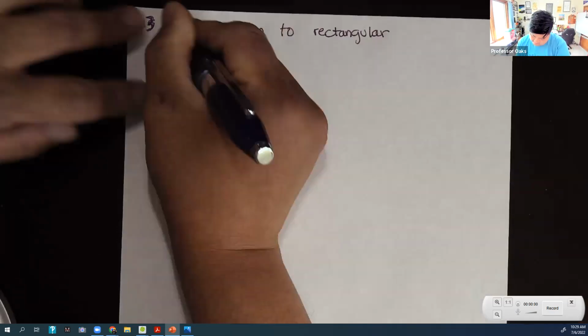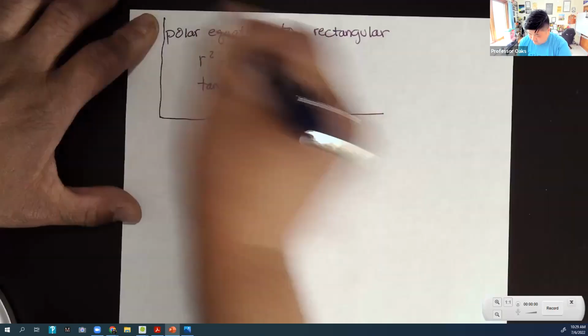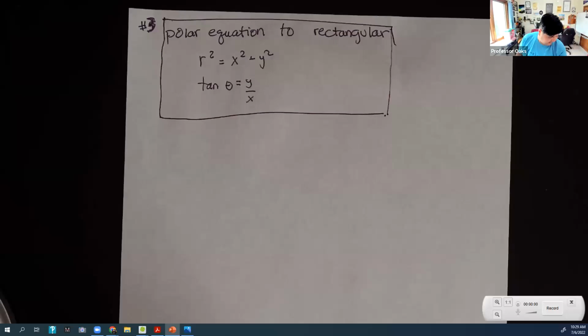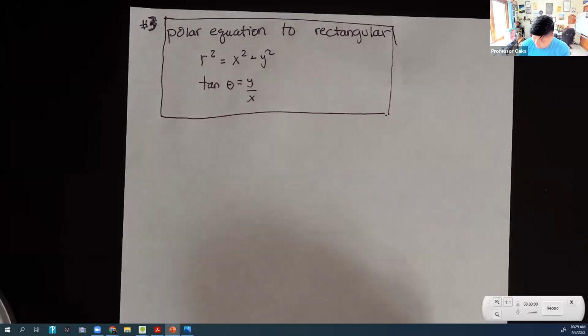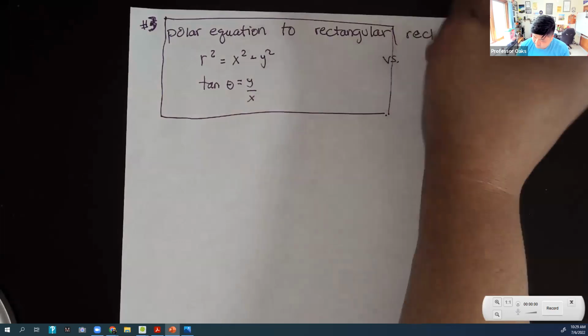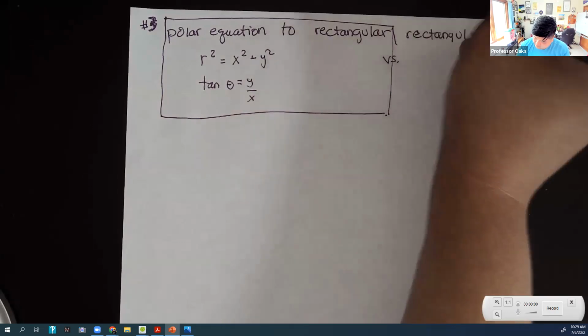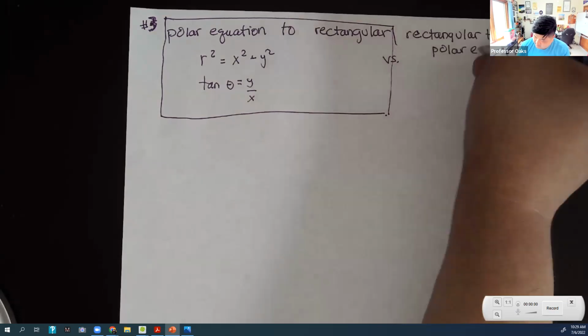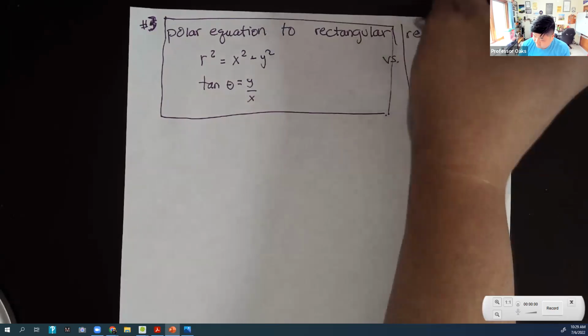But if you have another problem where you want to go from rectangular to polar equation, that is where you would use the other two that I told you about.